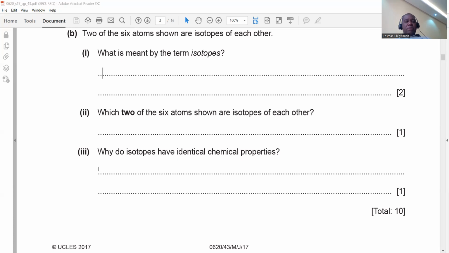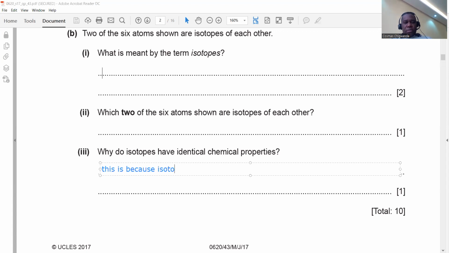We could answer this question as follows: this is because isotopes have the same number of electrons which are arranged in the same way.